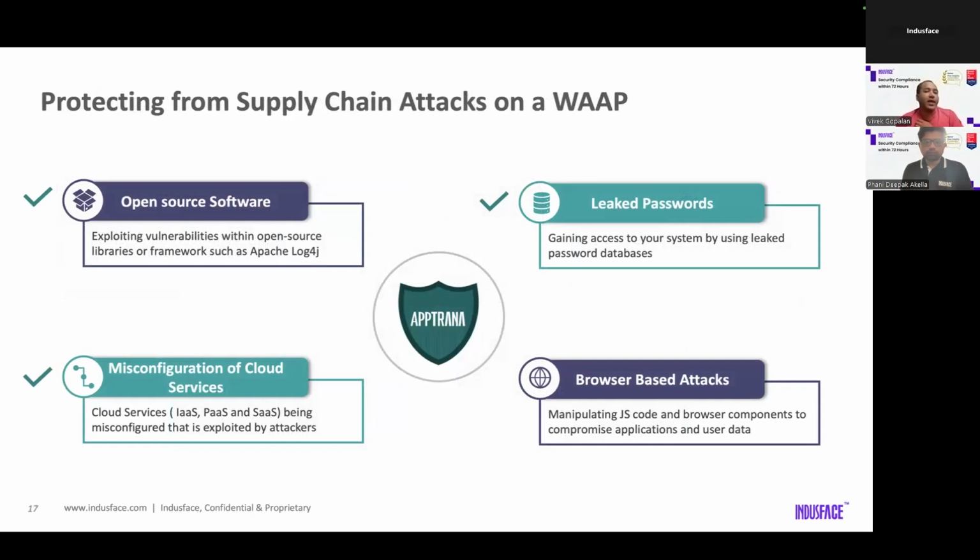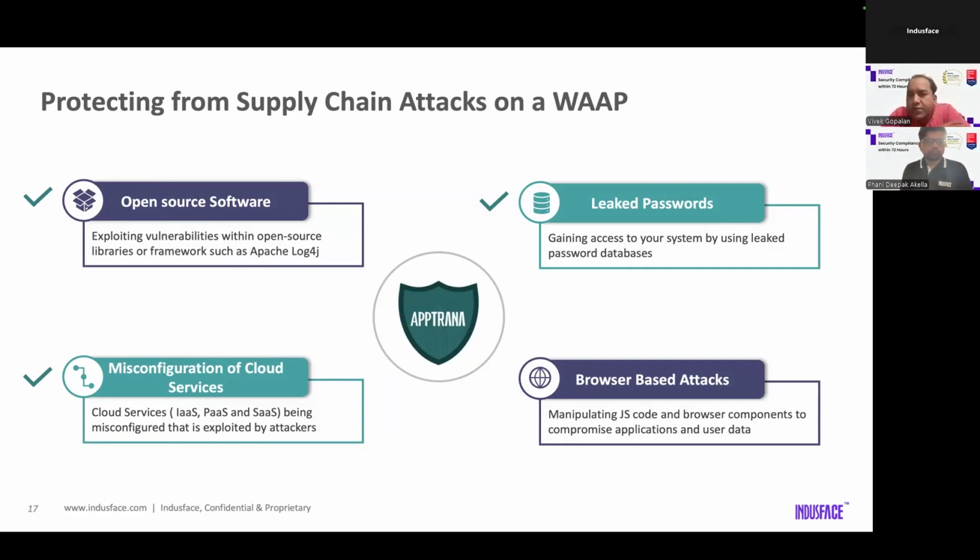So how can we, as part of Aptrana, support you? We talked about the various types of supply chain attacks. Most of these attacks are already protected by default, for example the open source vulnerabilities.